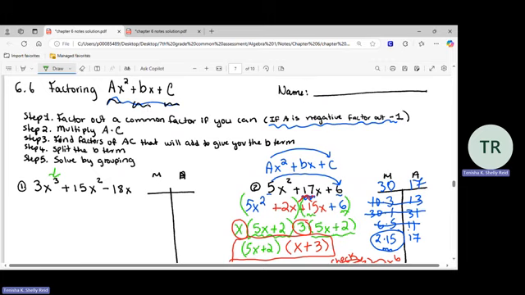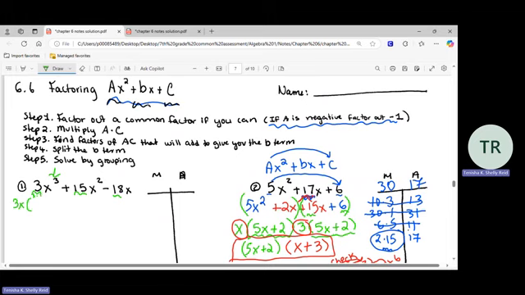When I look, I see 3, 15, and 18 are divisible by 3. And this has 3x, this has x squared, and this has an x. So I can go back to what I did the day before, and factor out a 3 and an x. They all have the x to give.